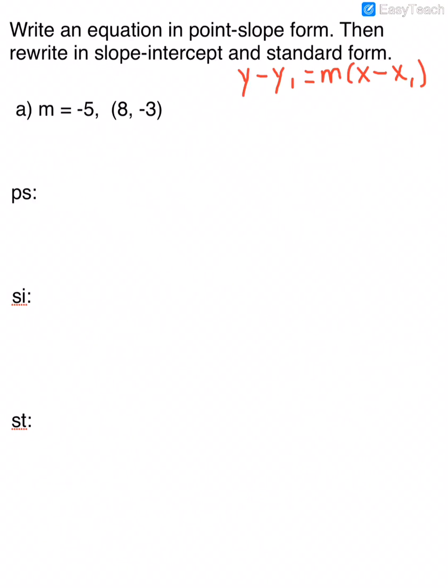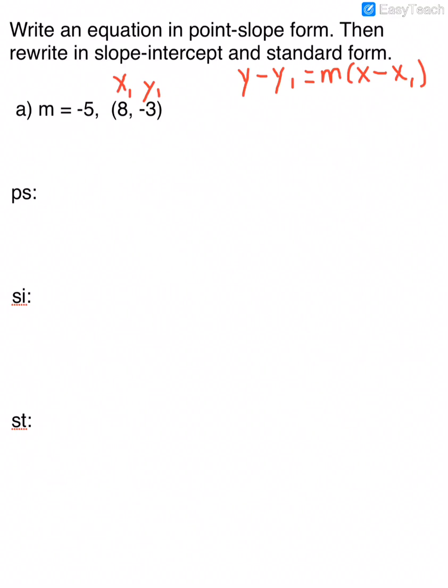Okay, so they have given us the slope and a point. Of course, my slope is m, and then my point is going to be my x sub 1 and my y sub 1. So all I have to do to get it in point-slope form is to take the information that they've given me and plug it into that equation of the line.